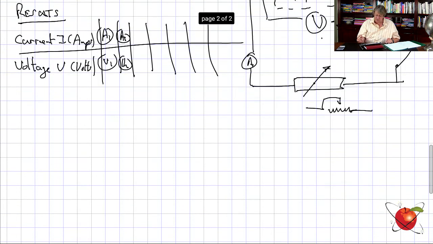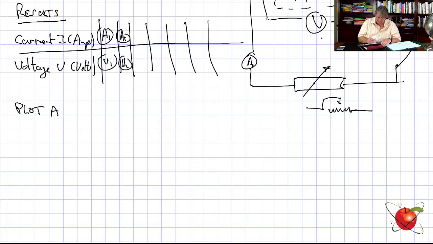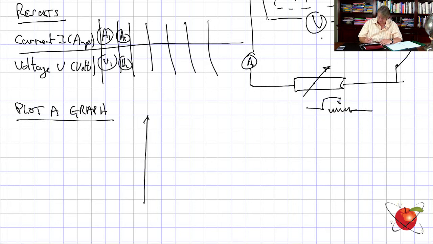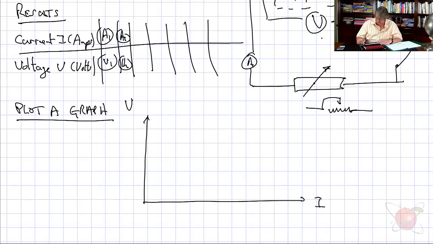The next step is we plot a graph of V versus I. This is the x-axis here, and this is the y-axis up here. Now we plot our points. I'm just going to take some arbitrary points there.